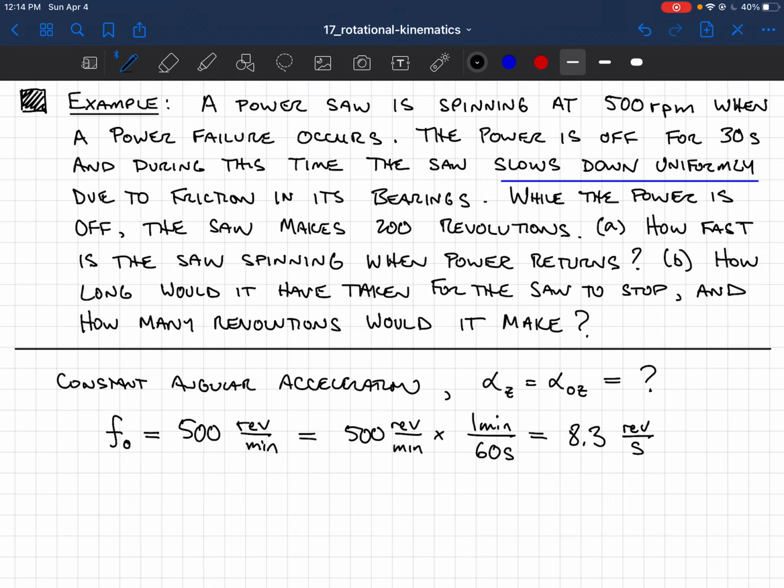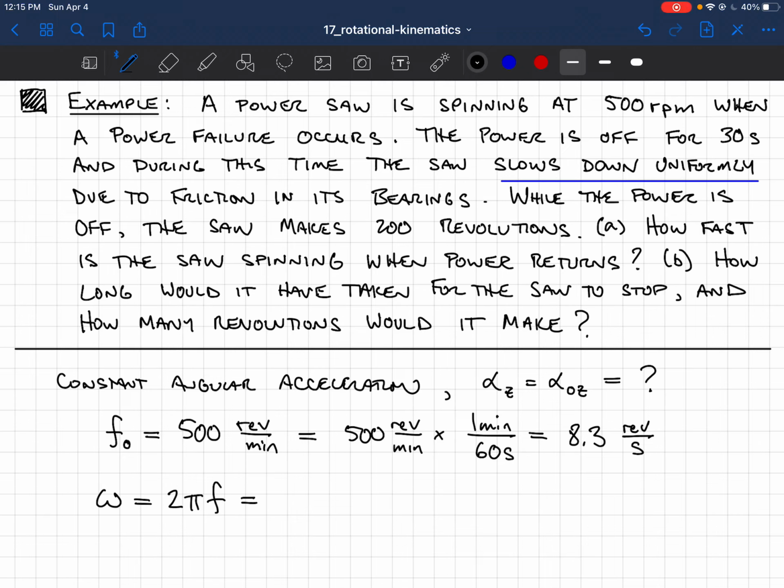Now we could convert that to an initial angular velocity, and that equation is given by the angular frequency equation. You could do it through the period if you wanted to, or you could just write it as 2 pi f. So if it's going around 8.3 revolutions per second, then if you multiply that by 2 pi, you find out how many radians per second it's going through.